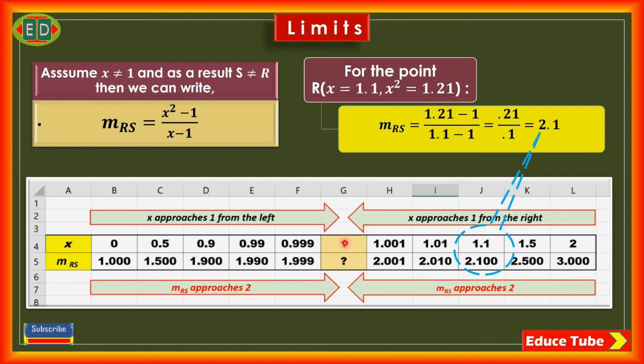I highlight this to show that this 2.1 is the slope of RS and this is the value of x.